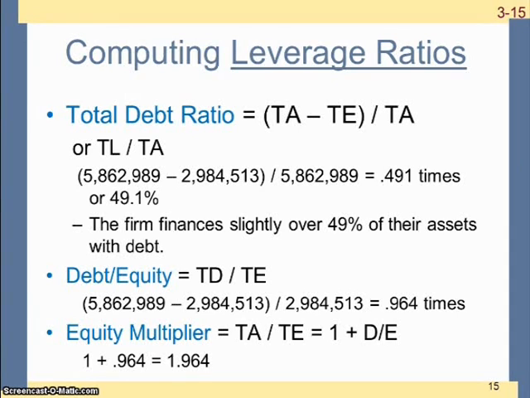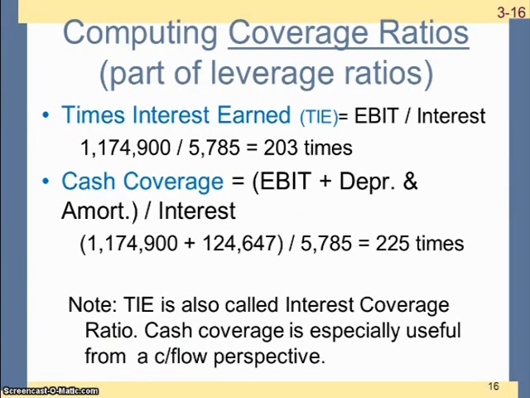A higher equity multiplier indicates higher financial leverage, which means the company is relying on more debt to finance its assets. Hence, this firm having an equity multiplier of 1.964 would mean that the firm uses more debt than equity to finance its assets. Next slide.